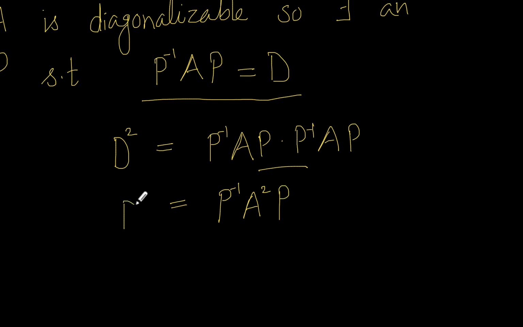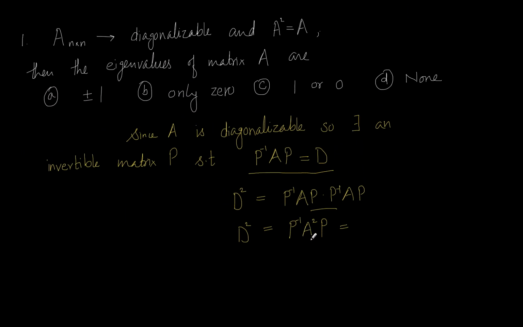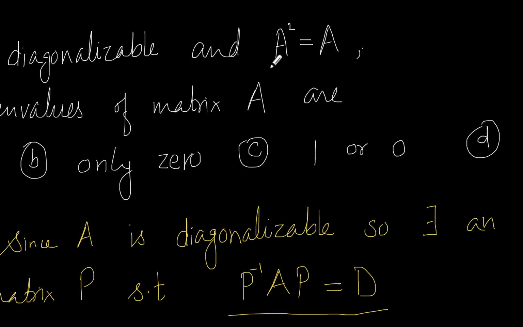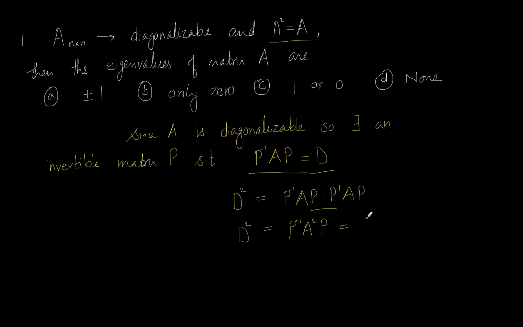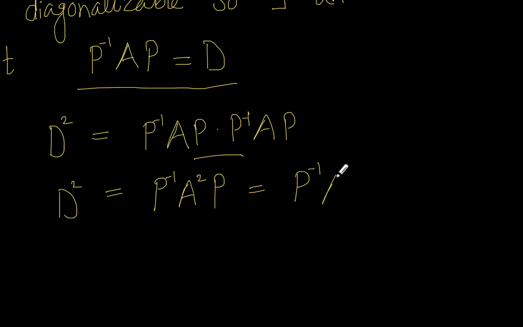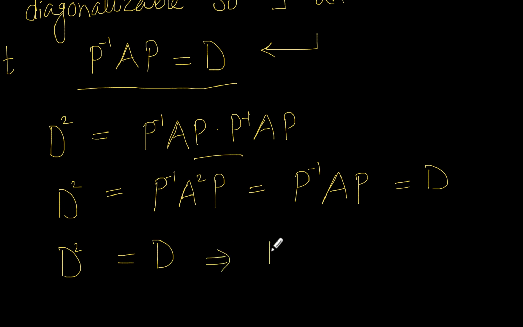So we have D square is equal to P inverse A square P, but it is given that A square is equal to A. So using this, we get P inverse AP, and we have P inverse AP as D. So we have D square is equal to D, or D square minus D is equal to 0, or just take D common.